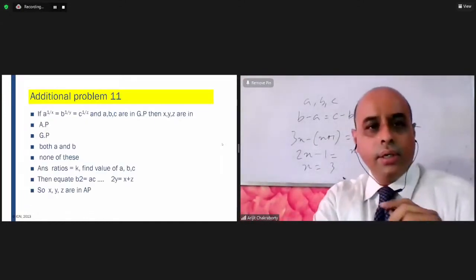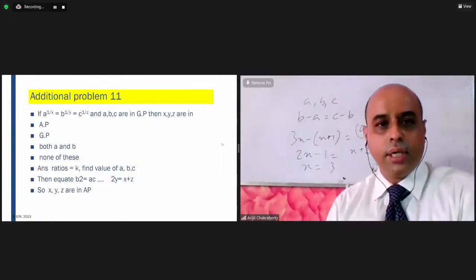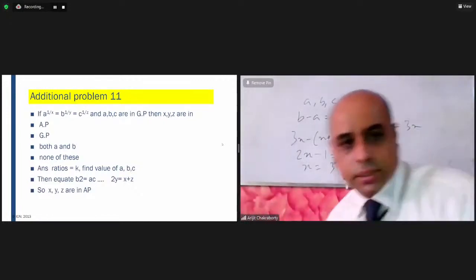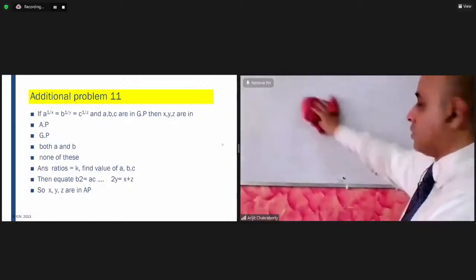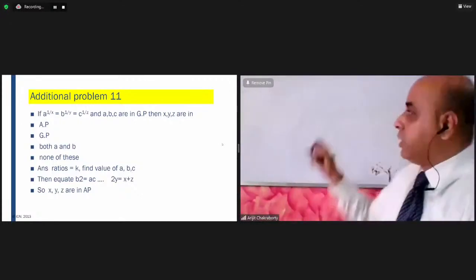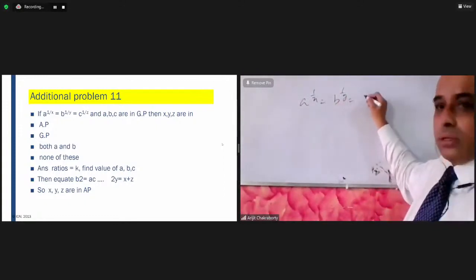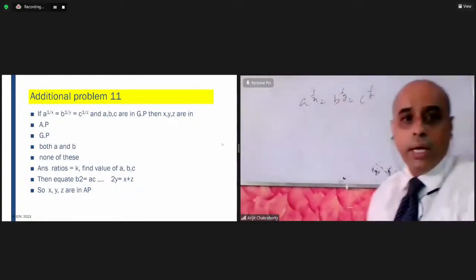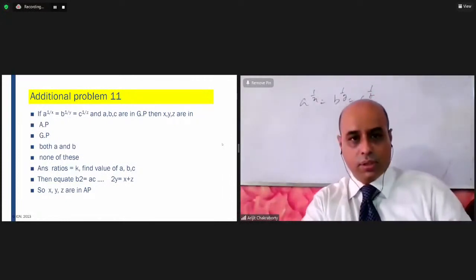Fine, we have done it. The last one, this is a critical question, very critical. 11th question: if a to the power 1 by x is equal to b to the power 1 by y is equal to c to the power 1 by z, and a, b, c are in GP, then x, y, z will be what?